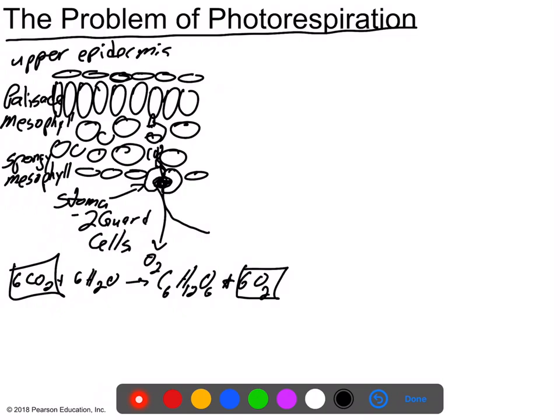Under hot, dry conditions, the stomate closes. So imagine what happens if CO2 cannot enter and if oxygen cannot escape. Over time, what is the internal environment like inside the space of the leaf? Well, over time, whatever CO2 was in the leaf, say in these air spaces, that CO2 was consumed by the Calvin cycle, like we saw in the earlier slides.